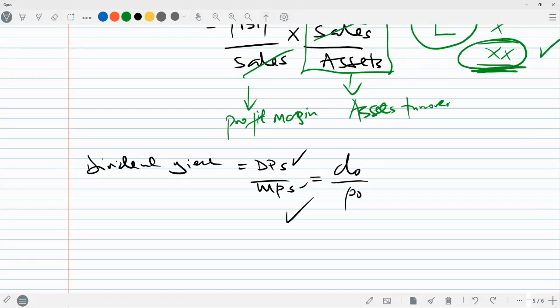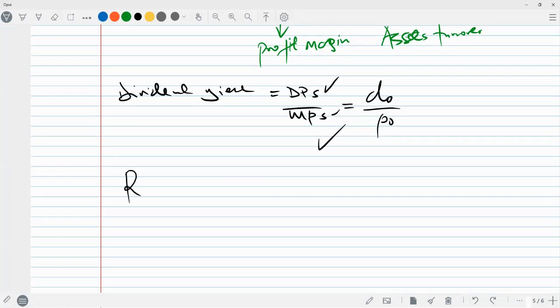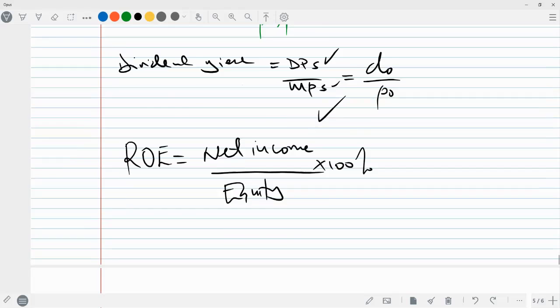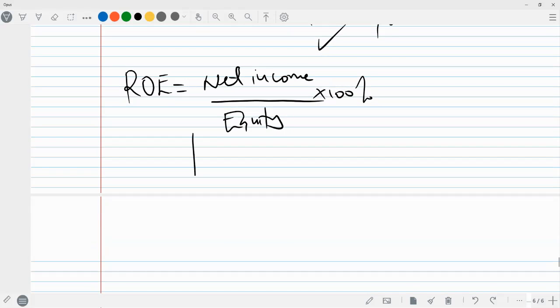So C is correct. Let's look at D, return on equity. We see it given as net income divided by equity capital, because we express it as a percent. That was the return on equity. Actually you can further disintegrate this equation.